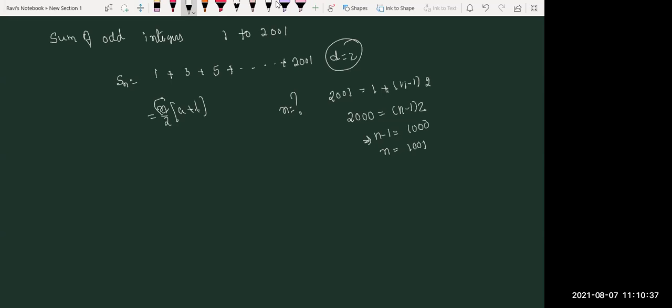So n is 1001. What is the total number of terms? 1001, correct or not? So 1001 divided by 2 into the first term plus last term, which is 2002.